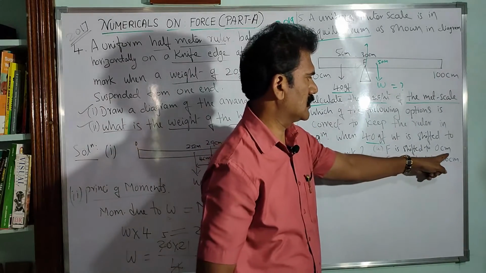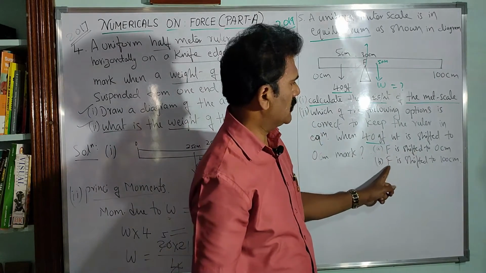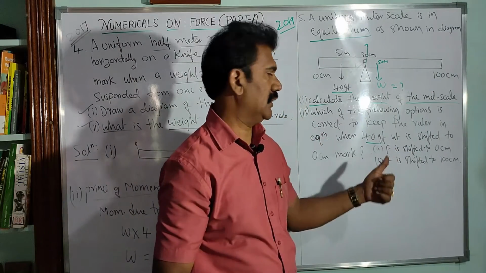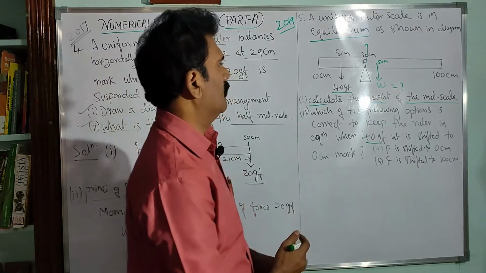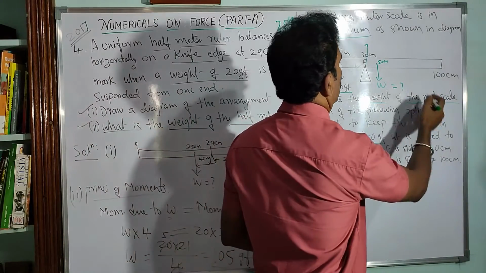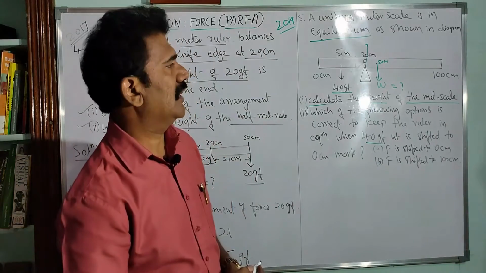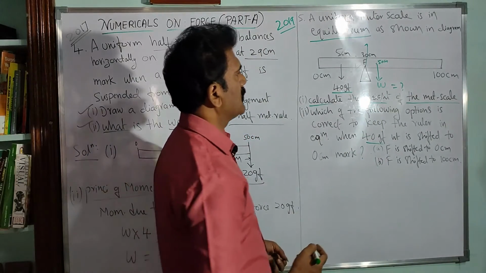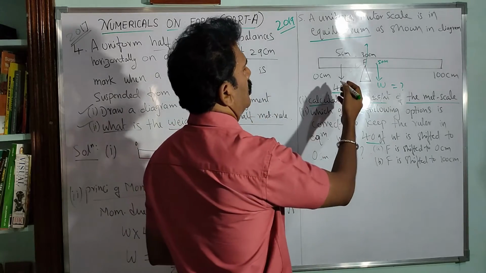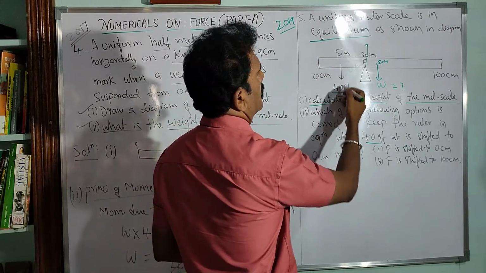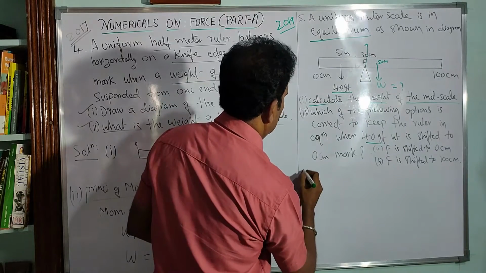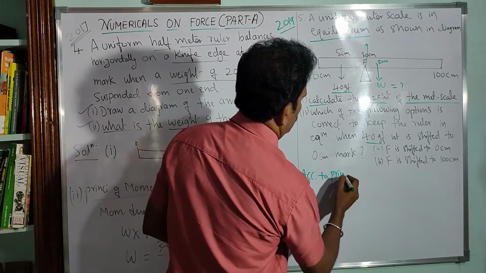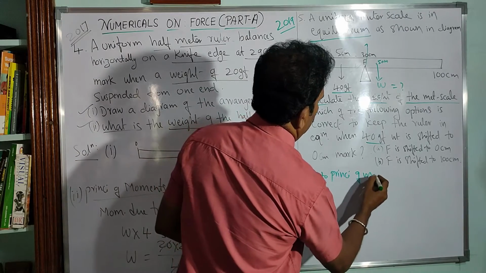F shifted to 0 centimeter is the first option, and F shifted to the 100 centimeter direction is the second option. Which is correct, we will see later. First, let us calculate the weight of the meter scale by applying the principle of moments. According to the principle of moments, the moment due to 40 GF is the anti-clockwise moment. So in the solution part you can write, according to the principle of moments.